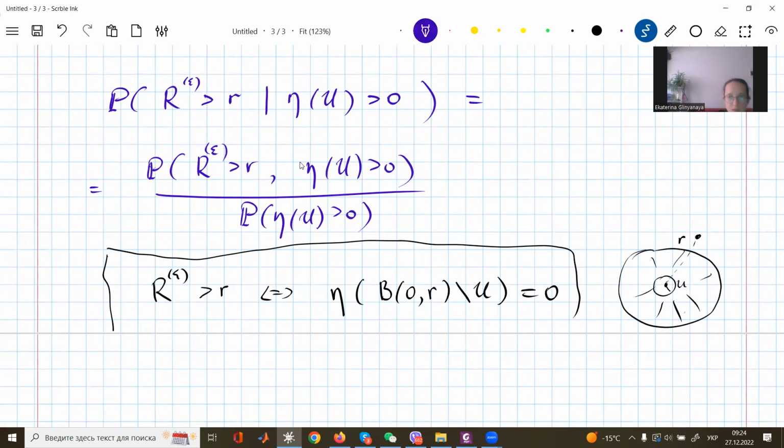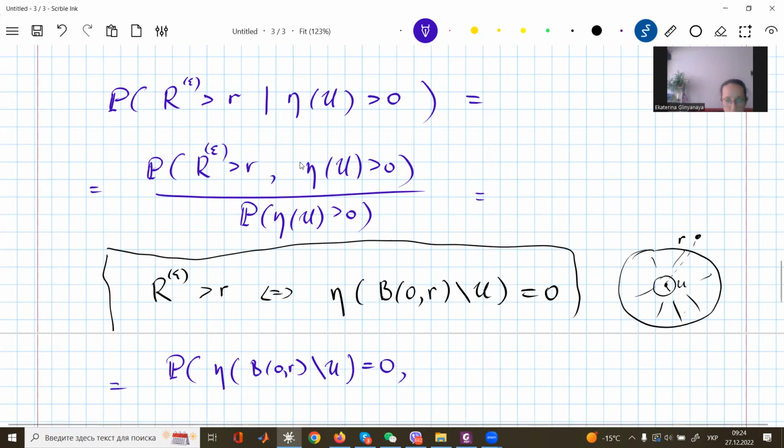With this I just write what this probability means. So in B(0, r) without U we have no point, but in U I have a point.